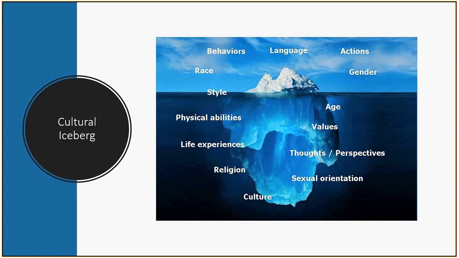But as you can see from the iceberg, and as you probably can see even from your own 5 identifiers that you put in the circles, culture is so much broader than that. And that's really how we try to engage with cultural and linguistic competency within systems of care. It's to meet you where you locally are and to adapt to that local, individualized environment of the youth and the family that you may be working with and for.